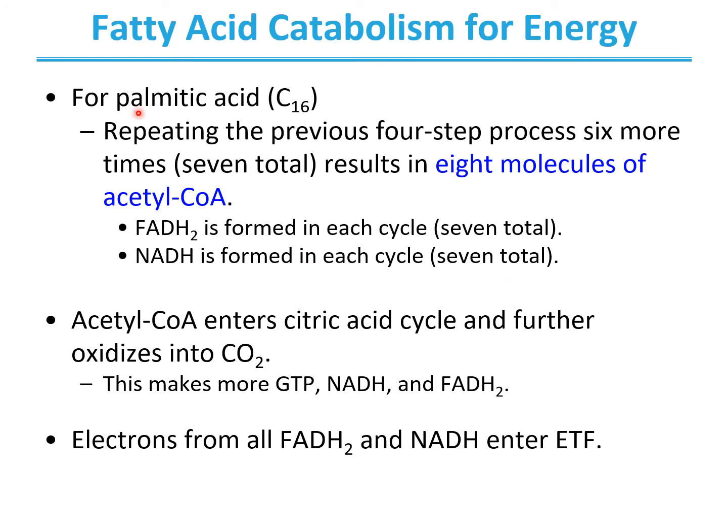In sum, for 1 palmitic acid, we end up with 8 molecules of acetyl CoA, 7 FADH2, and 7 NADH. The acetyl CoA enters the citric acid cycle and is further oxidized into CO2. This will make more GTP, NADH, and FADH2. These will go into the respiratory chain.